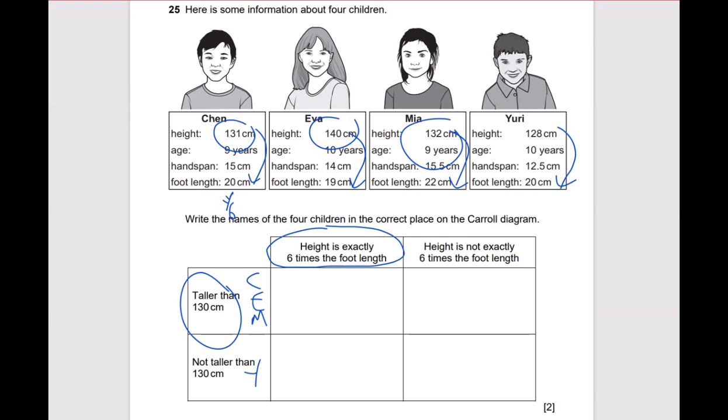So this will be Chen here. Eva, 19 times 6 is 114, which is not exact, so this will be Eva. About Mia, 22 times 6 is 132, which is exact. So Mia will be here.